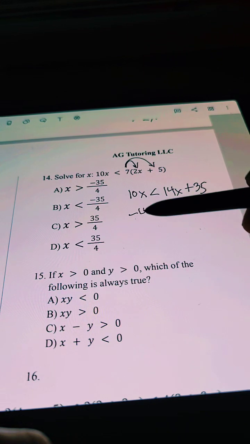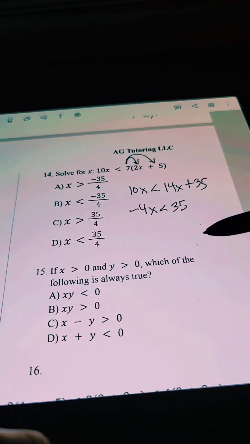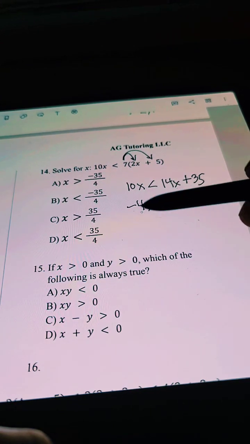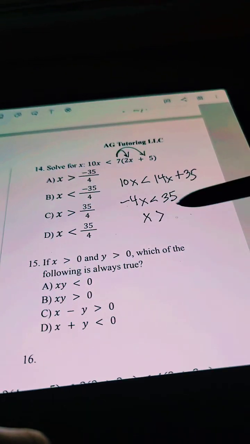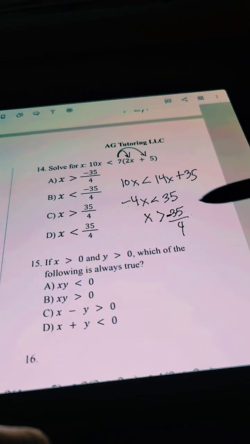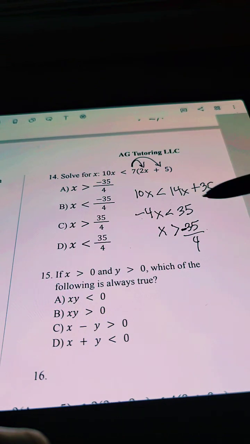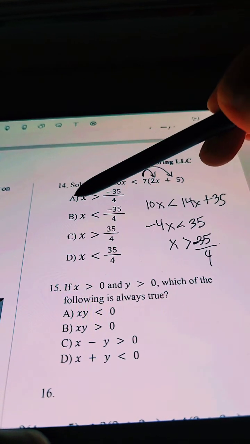So then it's going to be negative 4x is less than 35. Now we're going to divide by negative 4. Remember, when you divide by a negative, you have to flip the inequality symbol the other way. So when I divide by negative 4, I'm going to get negative 35 over 4 right there. So then that would have to be, which one says that? A.